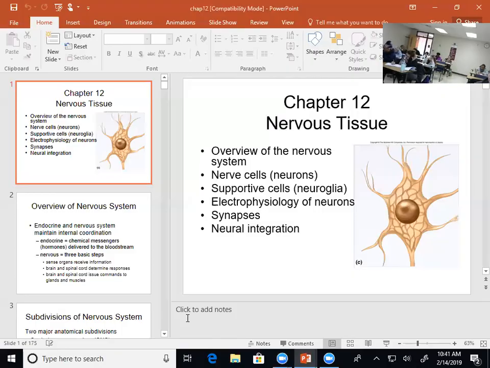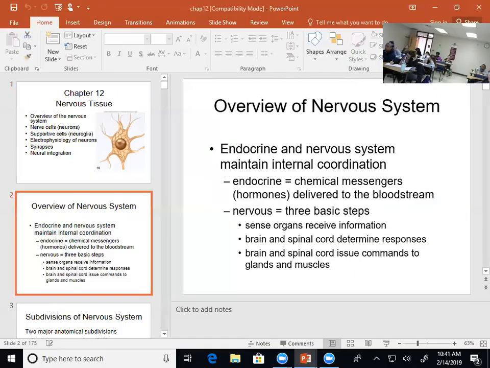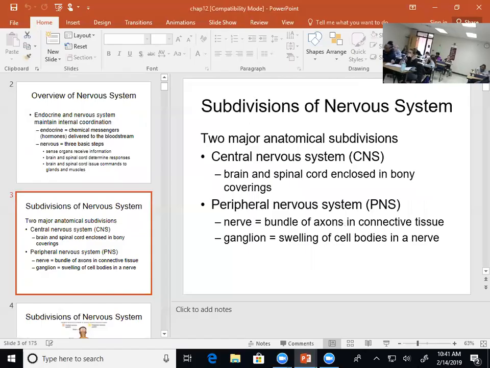Okay, so we have a little bit that we're building on here, and we're going to take a closer look at this nervous system. It is working hand in hand with the endocrine system and the muscles to help keep us in homeostasis. When we're studying it, we have these divisions that we learn about: the central nervous system and the peripheral nervous system.